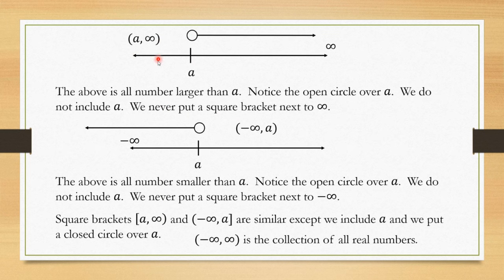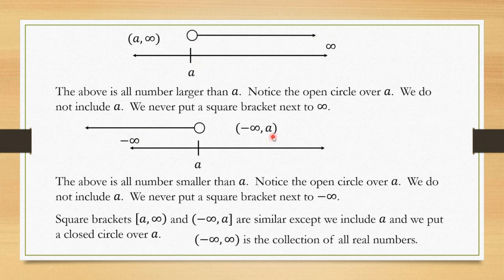And if we instead wanted to include everything smaller than A, so if instead we wanted to include every number smaller than 1, we would have to use this symbol, minus infinity. Again, that just tells us you keep on going to the left, you keep on getting smaller forever and ever. And here we actually sketch the graphs of these intervals. The arrow indicates you keep on going forever and ever.